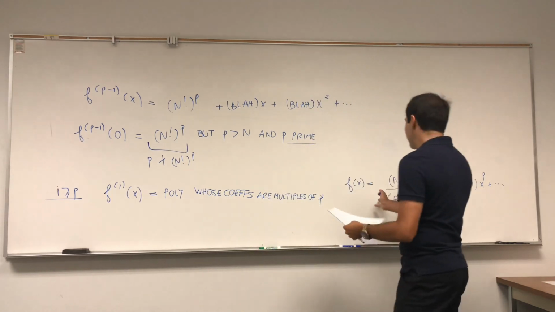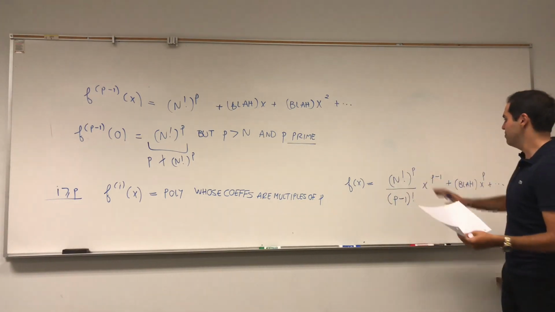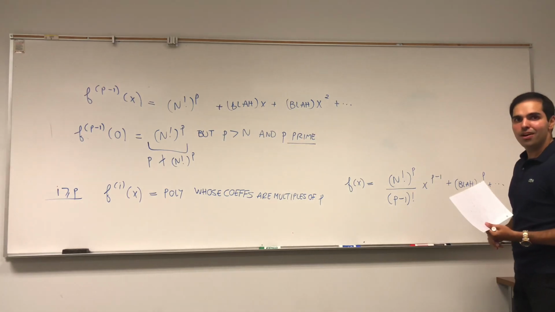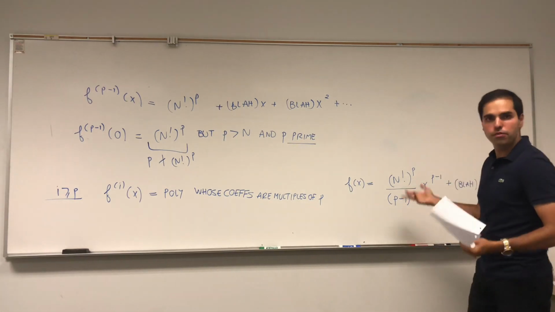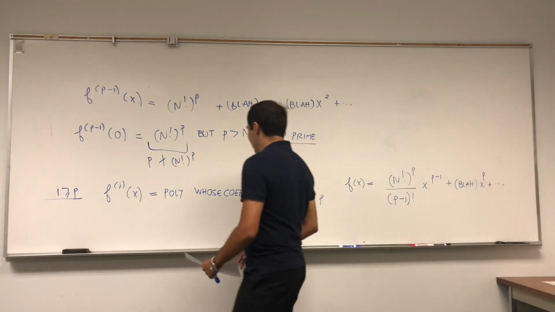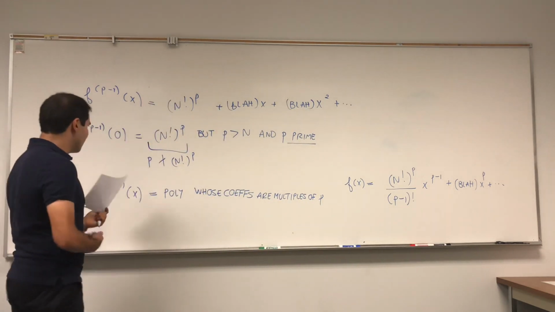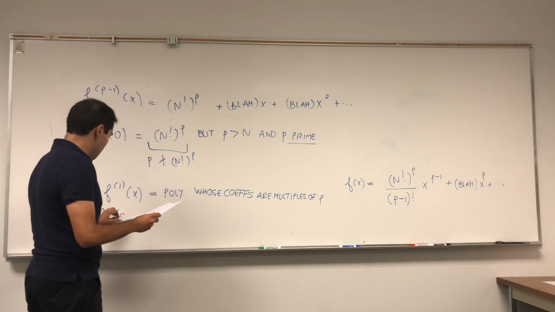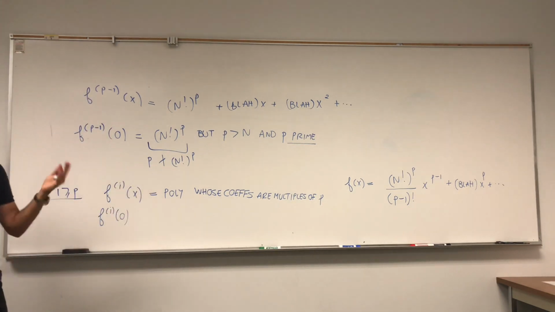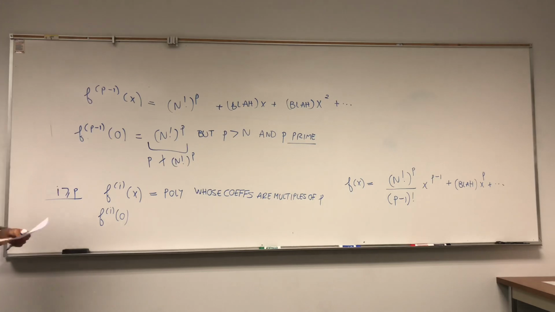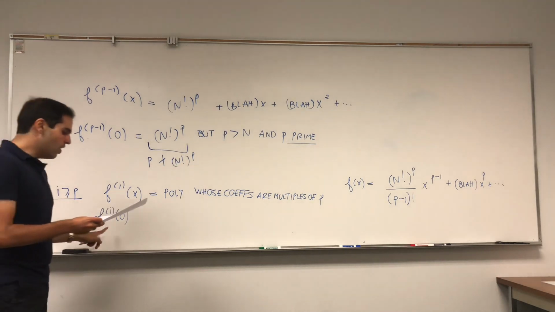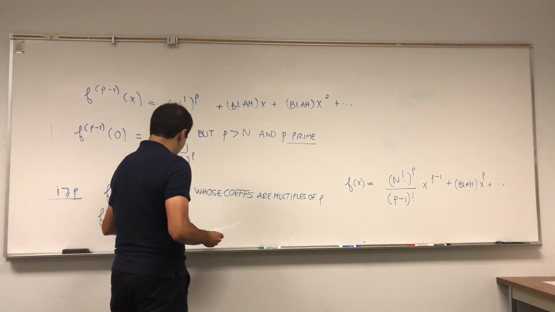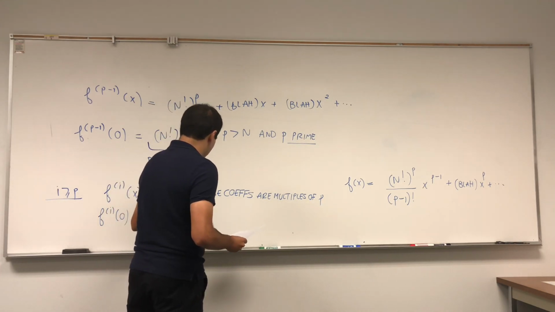Again, for the p derivative, you have a p times this thing, and here also, remember p times p plus 1 or something was also okay. So in particular, if you evaluate it at 0, you just have the constant term, which again we saw is a multiple of p. So this thing is also an integer divisible by p.